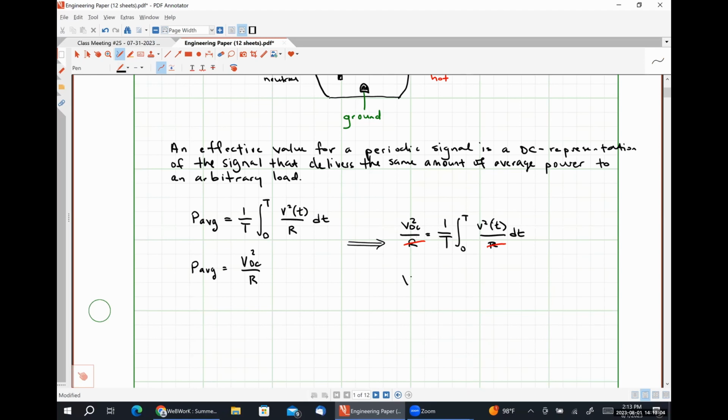So our DC voltage, and I'm going to call this now V effective because this is the relationship for effective values, will be the square root of 1 over T, so 1 over the period, times the integral over 1 period of our periodic voltage waveform squared with respect to time.